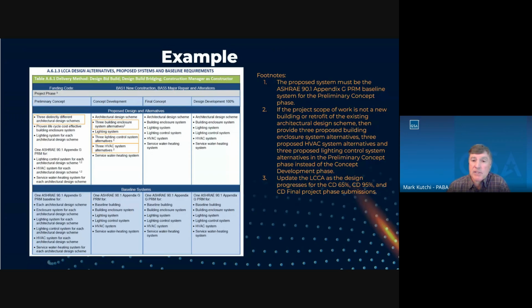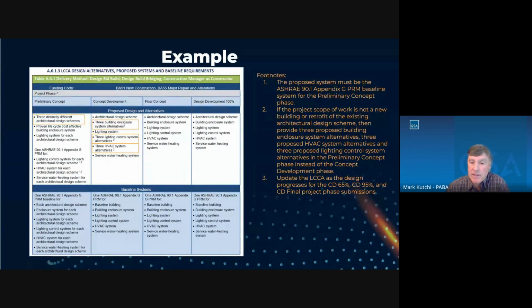If the project scope of work is not a new building or a retrofit to an existing architectural design scheme, then the 3 proposed building enclosure systems, 3 HVAC alternatives, or 3 lighting system alternatives should be moved up to the preliminary concept phase.